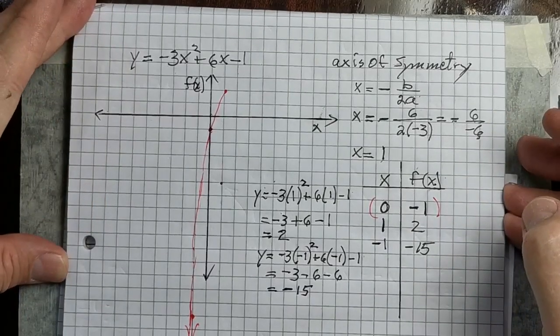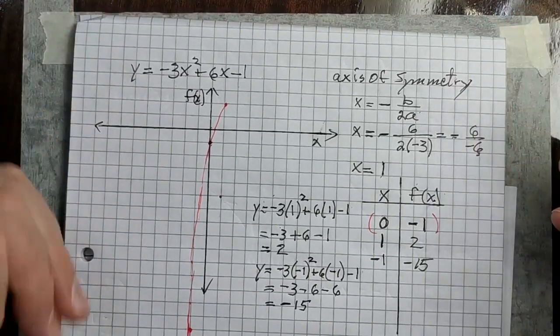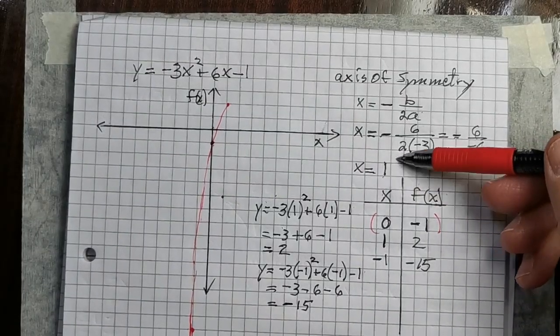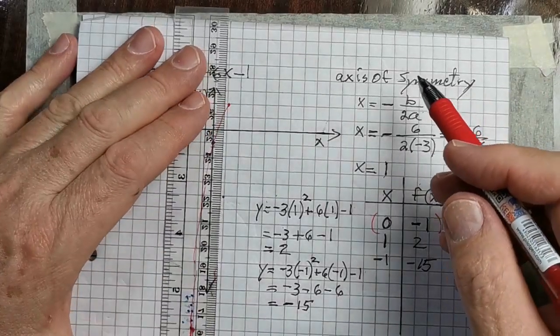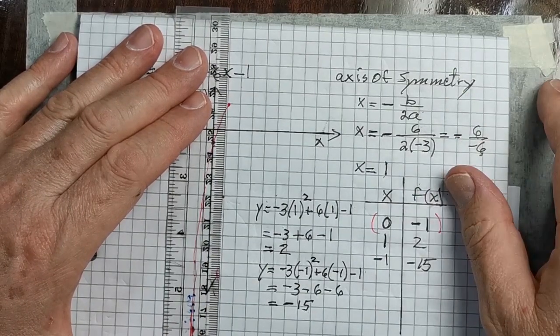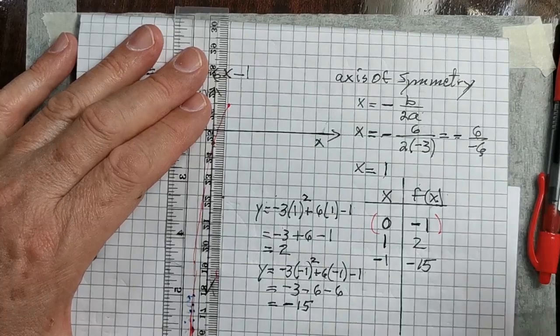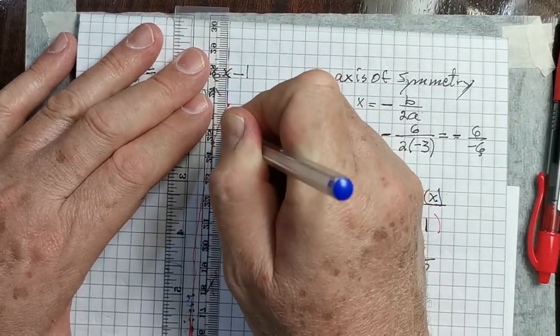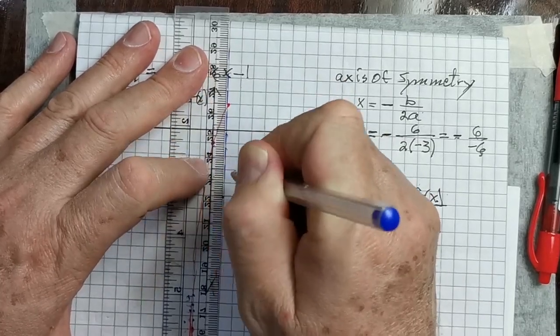Okay. And so I can see then, what was our axis of symmetry? Do you remember? X equal 1. So that means right here, x equal to 1, this was our axis of symmetry. Let me put a little dashed line down there to represent our axis of symmetry. This guy right here, x equal to 1.